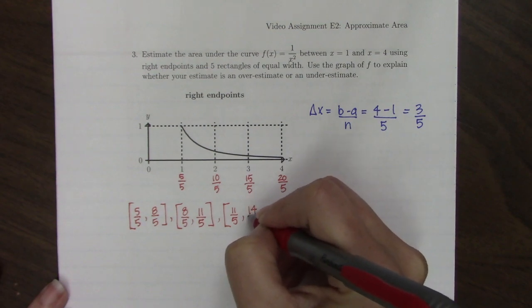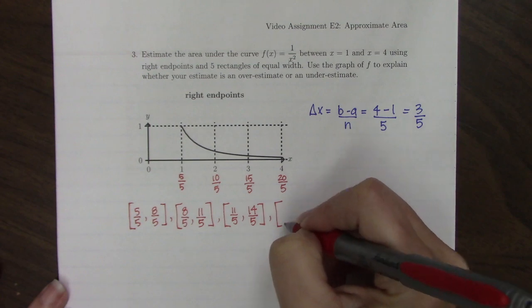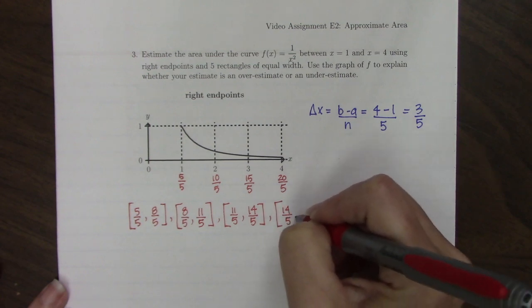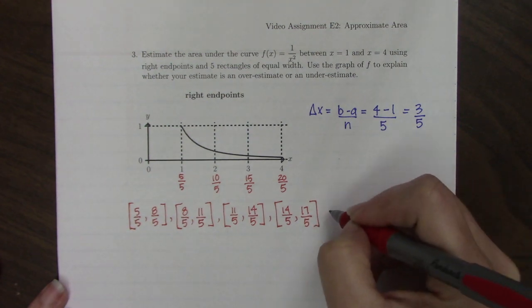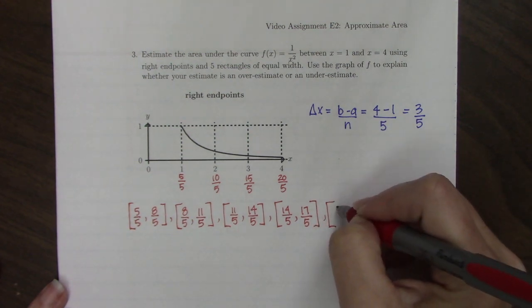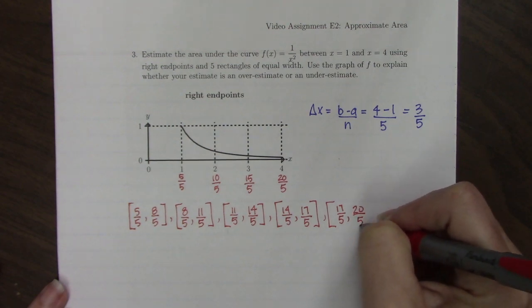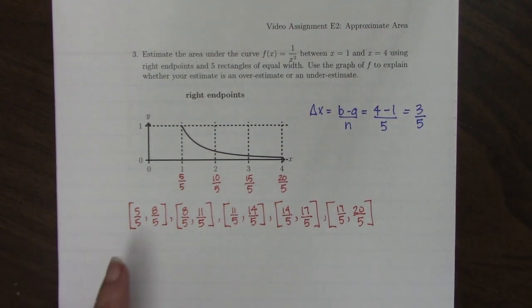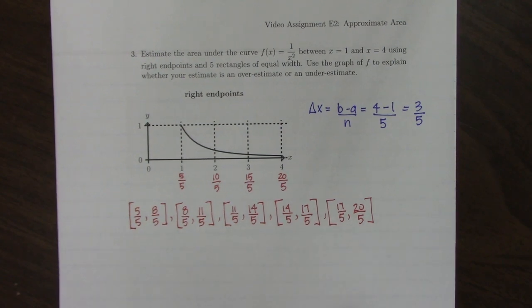I add 3 more, and I get 14/5. Then we start at 14/5, go to 17/5, and then the fifth and final rectangle will start at 17/5 and end up at 20/5. So we do in fact start from 1 and we do end up at 4.